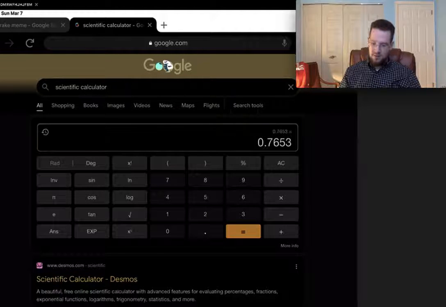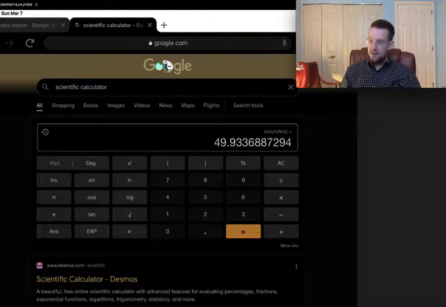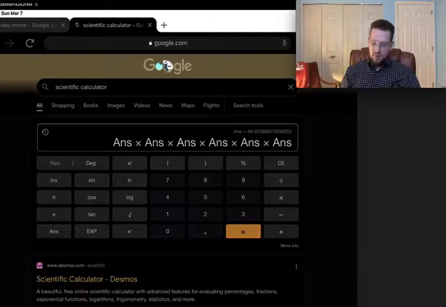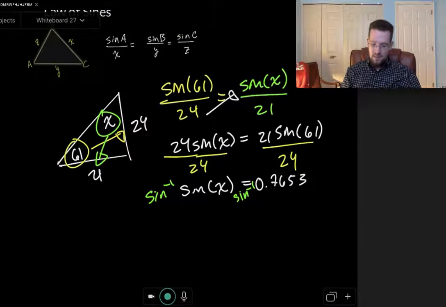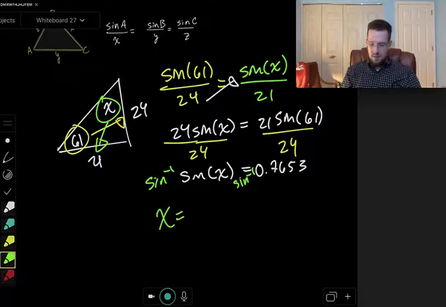I think I could do sine inverse, then answer, and put it in there like that. And that actually does give me the right answer. So you can use this answer button here. This will just bring up whatever your last answer was. So this is 49.9. We find x to be 49.9 degrees, and then we're done.